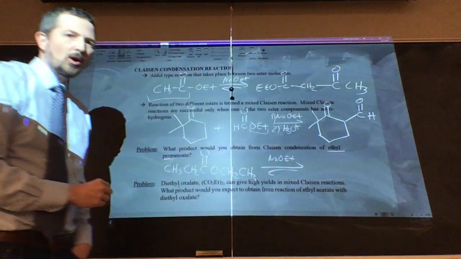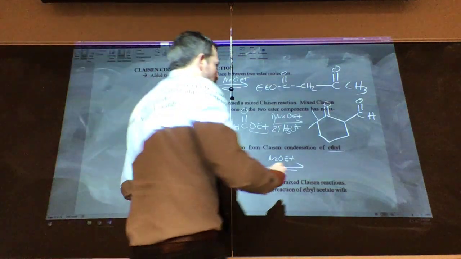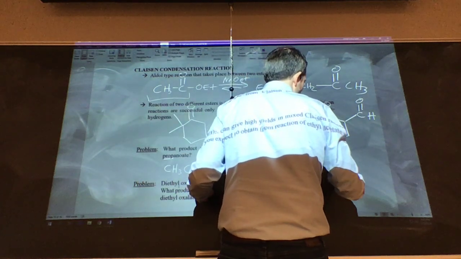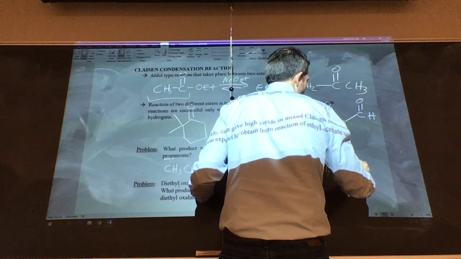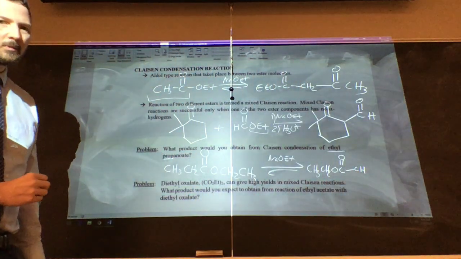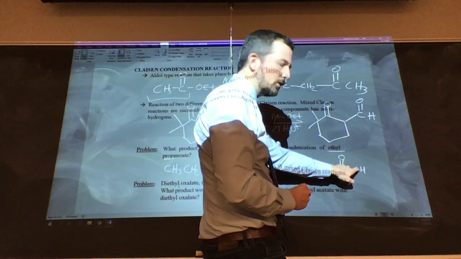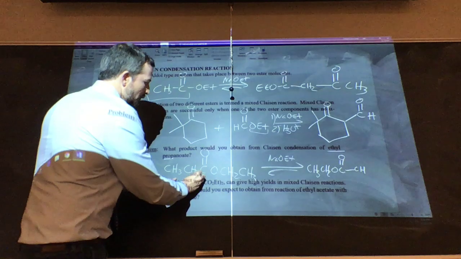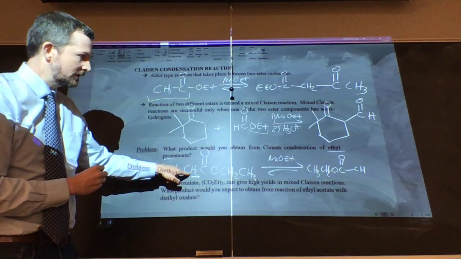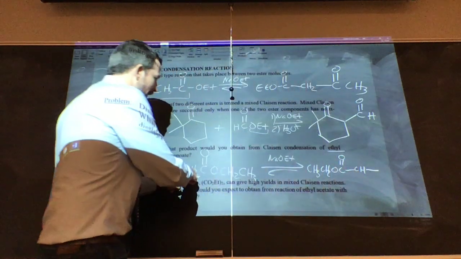So I'm going to draw the product of this reaction now. I'm going to kind of reverse the order here, where there is my alpha proton. Here's the carbon with the alpha proton attached to it. So I take off one of those hydrogens, and I'm going to show something connected to it. Now what else do I have attached?